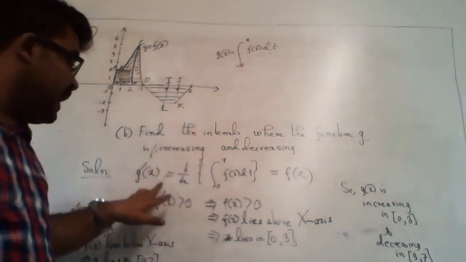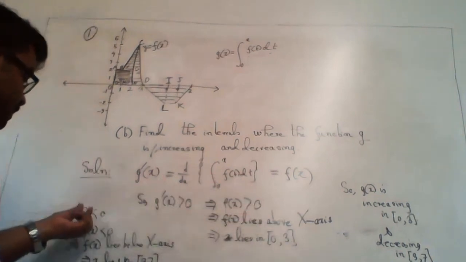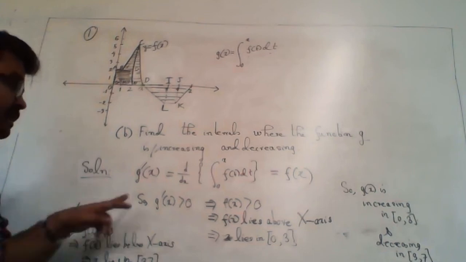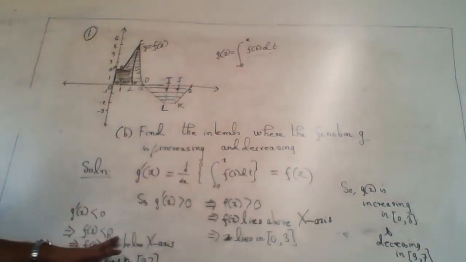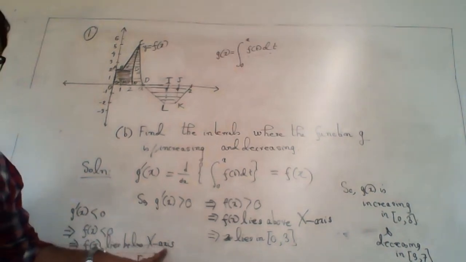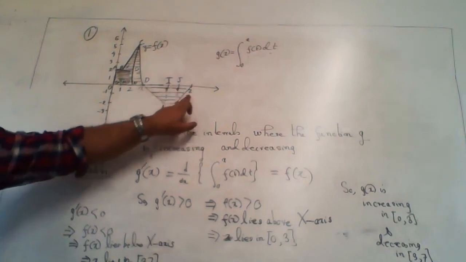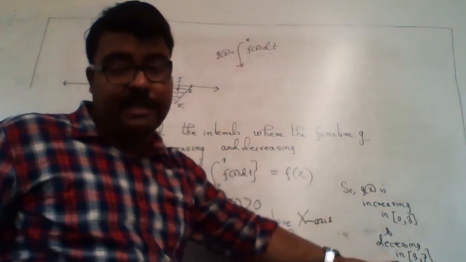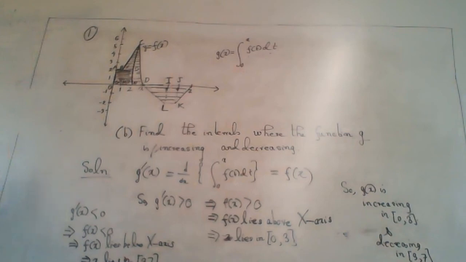So g of x is increasing in 0 to 3. Now g of x decreasing means g prime x is less than 0. g prime x is equal to f of x. So this means f of x is less than 0. Now f of x less than 0 means f of x lies below the x-axis. From the graph I see that it lies below the x-axis in the interval 3 to 7. So the function g is decreasing in 3 to 7. Okay.